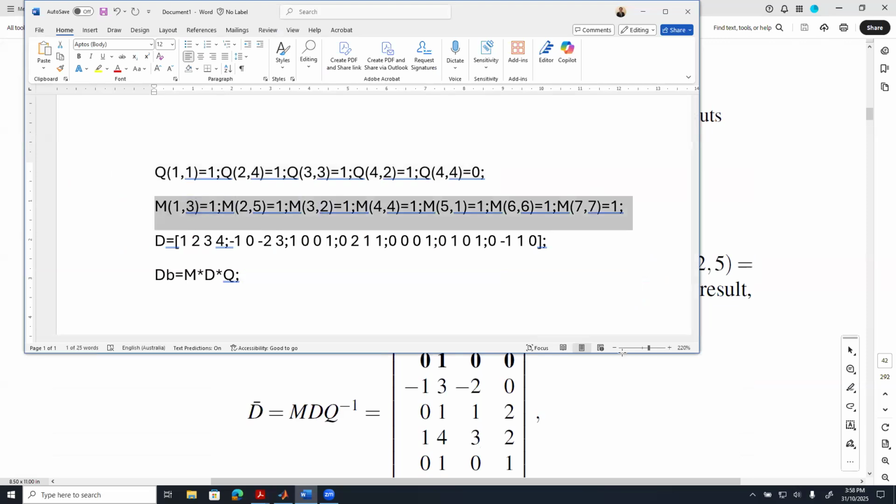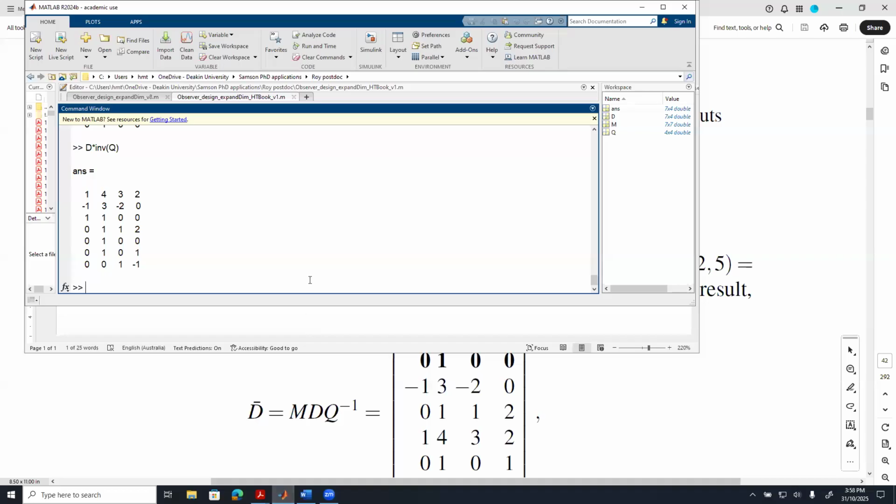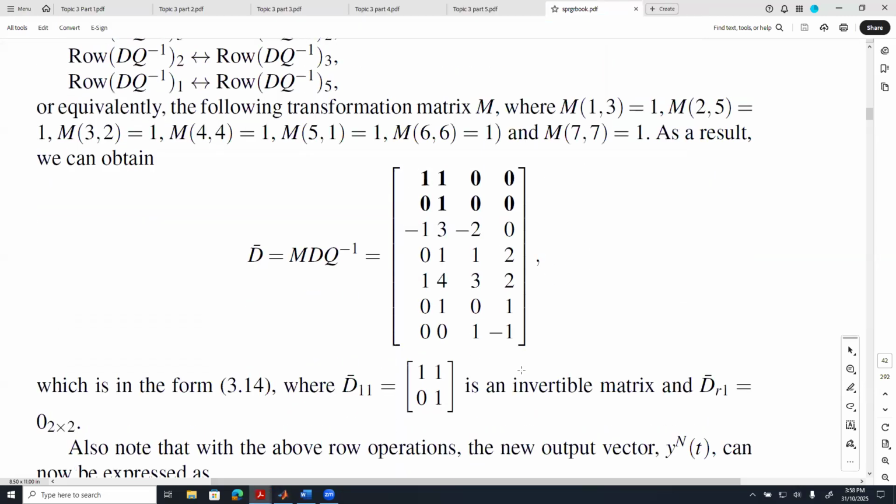Okay, let's copy that, put it into MATLAB, and we got matrix M. Let's have a look at matrix M. It's basically just 0 and 1 entries in there. And of course, this is a full rank M matrix. This is called the coordinate transformation matrix. And if we do that, then we obtain the new input matrix, we call it D bar.